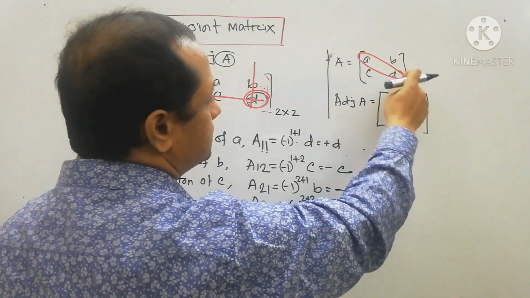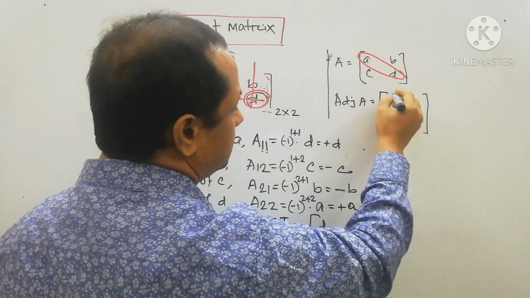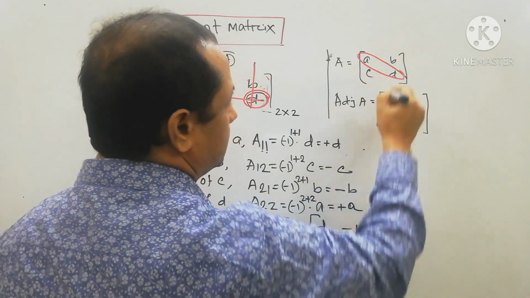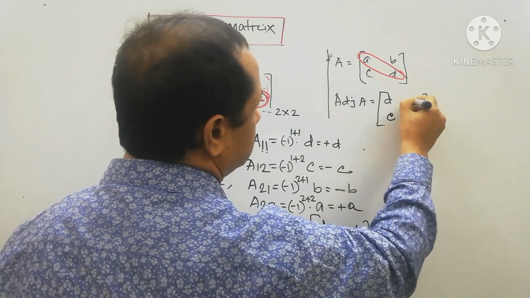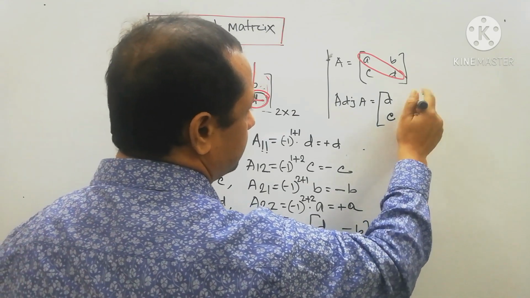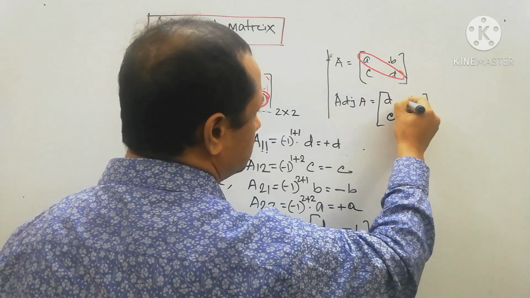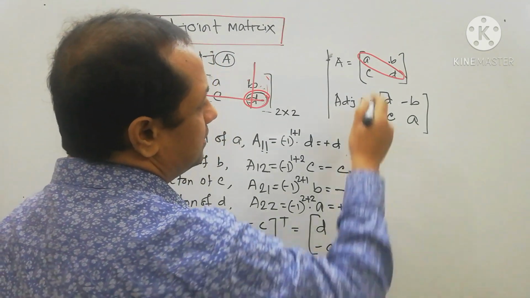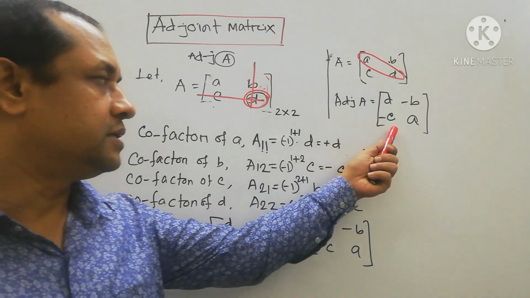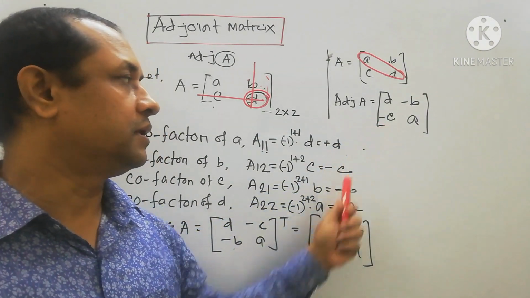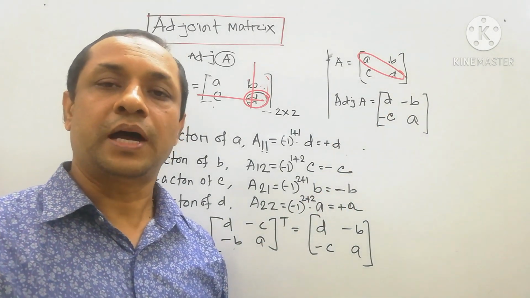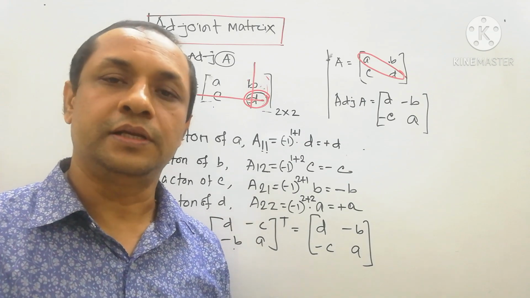So here D and A on the principal diagonal, and the other entries, C and B, keep their positions but change signs: positive becomes negative. So students, this matrix and the earlier matrix are equal. This is the short trick and that is the usual method. I hope you are clear.